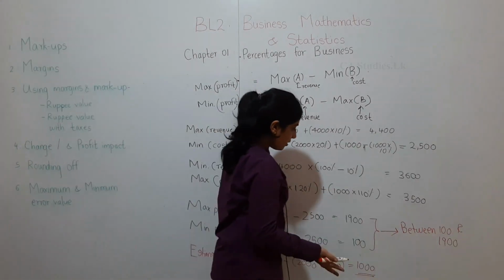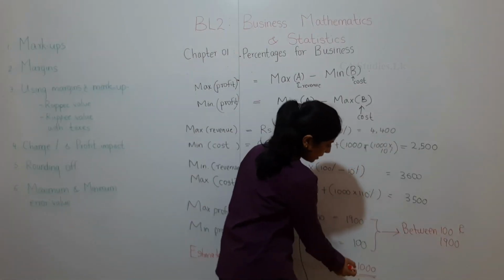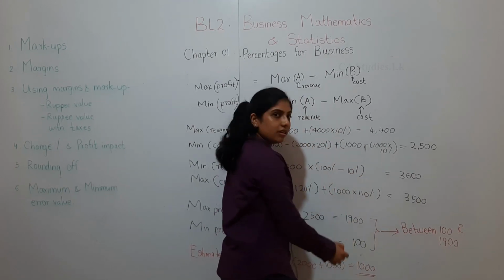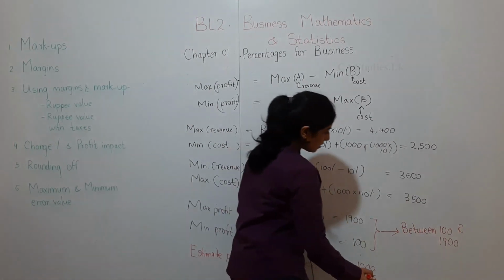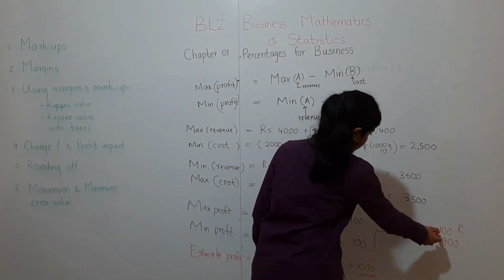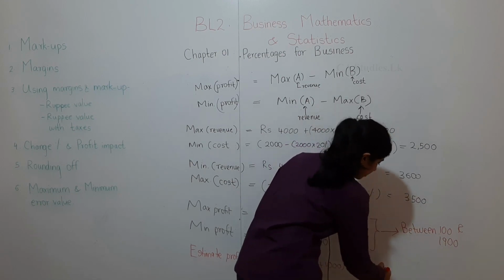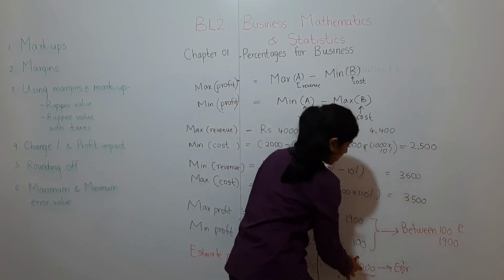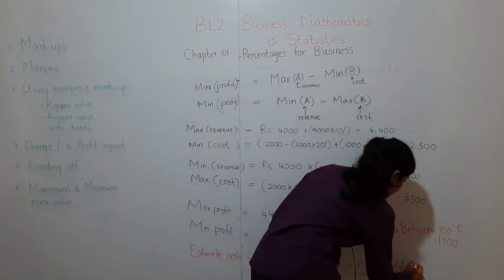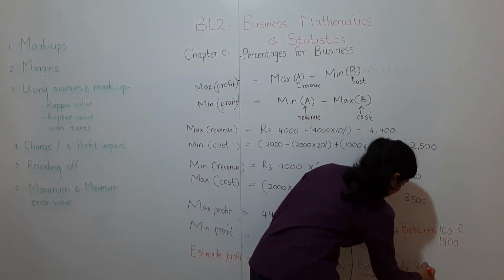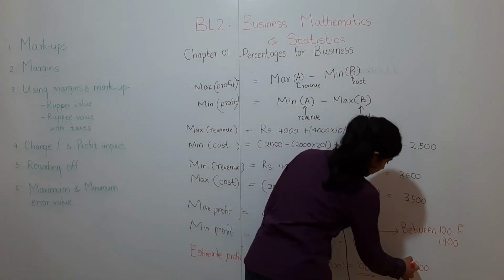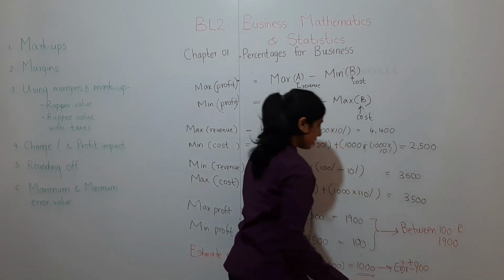To get the error, you should get the difference between the estimated 1,000 and 1,900 and 100. The profit can be between 100 and 1,900, but your error is between 1,000 minus 100, which is 900, and 1,000 minus 1,900, also 900. So, it is like plus or minus 900.